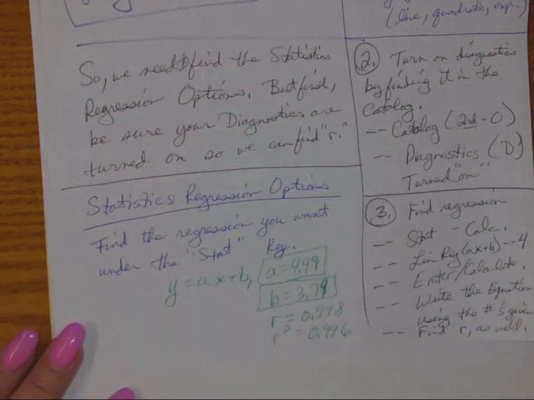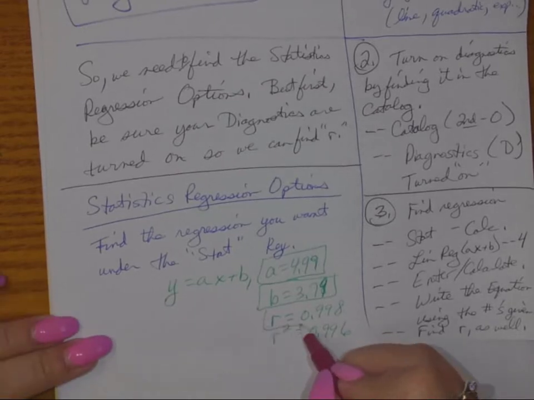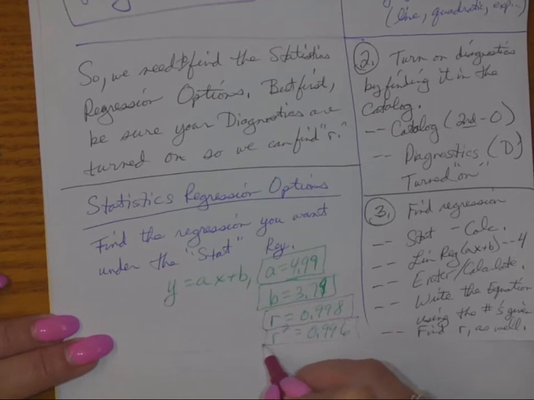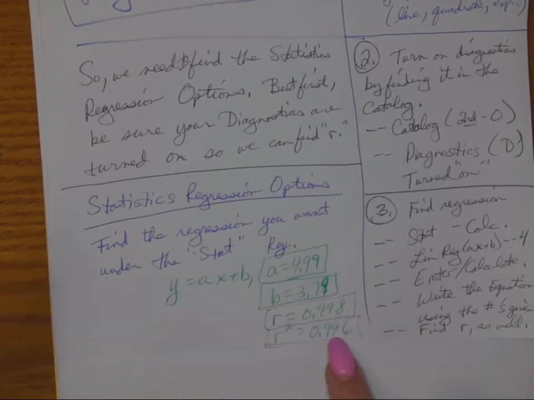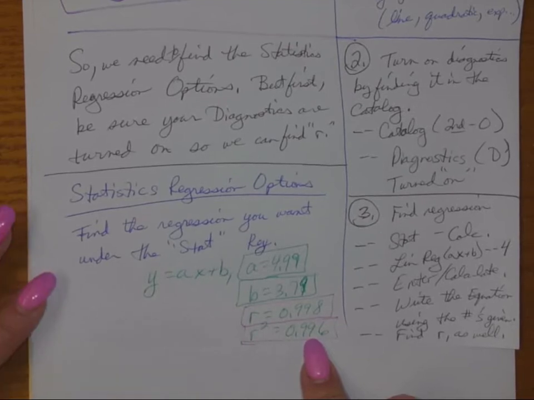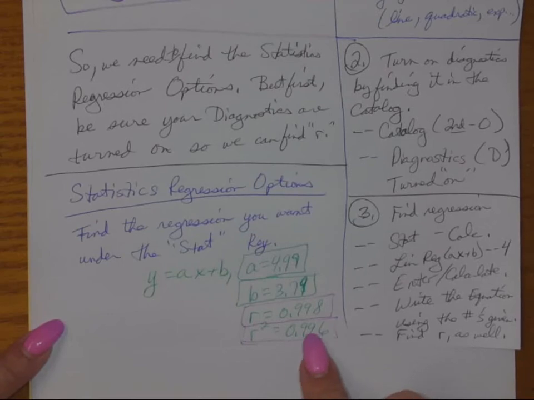Now remember that your R is your correlation coefficient, right? This guy's the one I want. But we mentioned just briefly, R squared is your variance, right? So this tells me how much of the variation in my data is accounted for by the input variable that I used. Okay, so remember, these are supposed to be like probabilities almost.